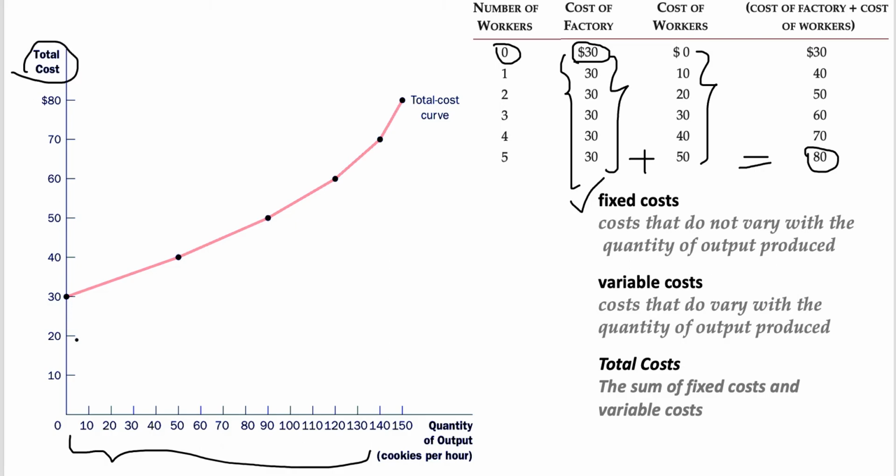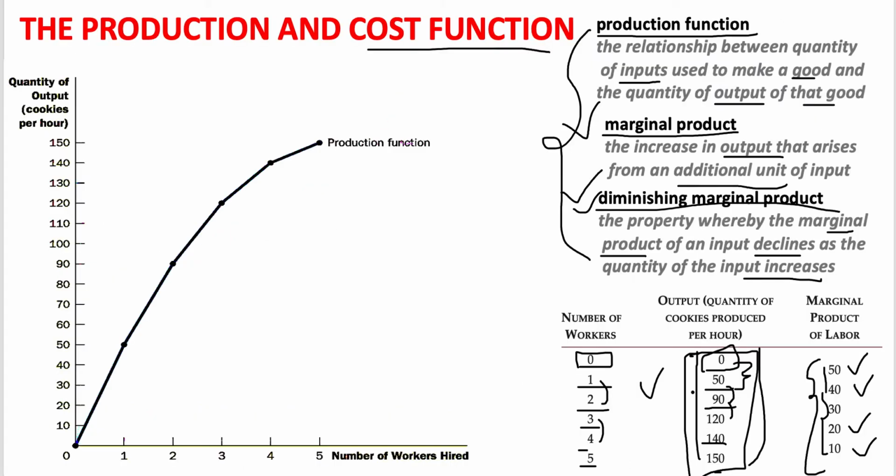When we have 0 output, we have fixed cost, which is 30. When we have 50 output, the cost is 40. If we have 90 output, our cost is 50.